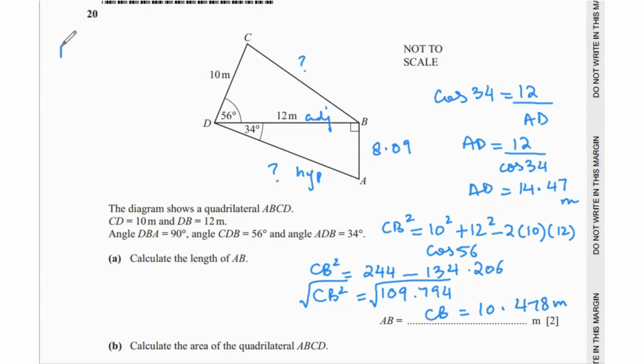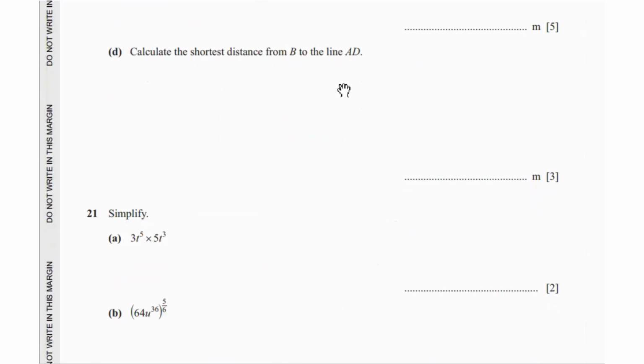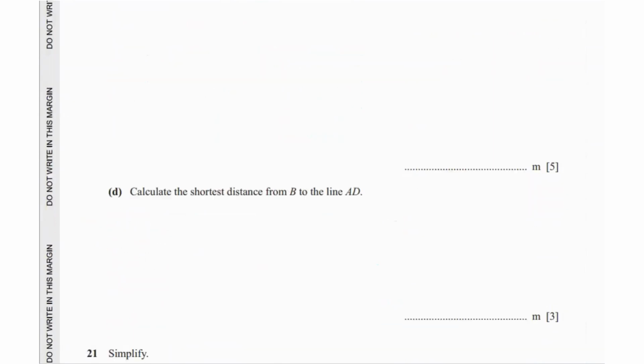So now the perimeter is going to be 10 plus 14.47 plus 8.09 plus 10.48, which sums up to 43.04 meters. That's the perimeter of the quadrilateral. Then calculate the shortest distance from B to the line AD.